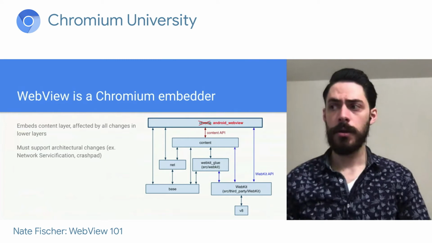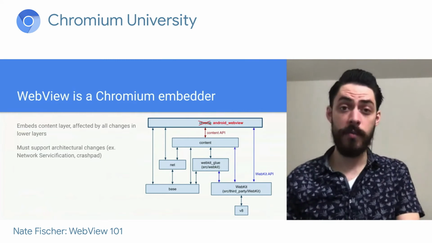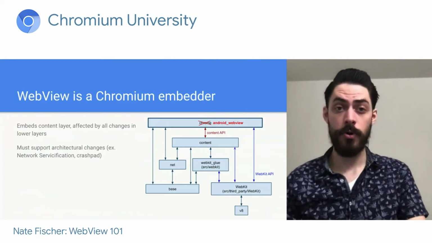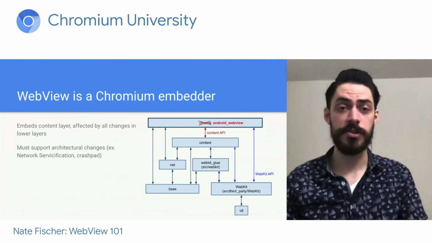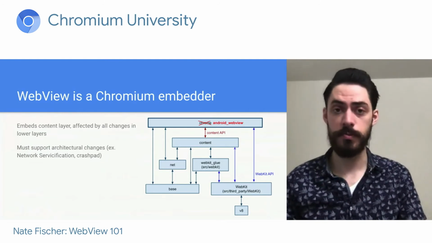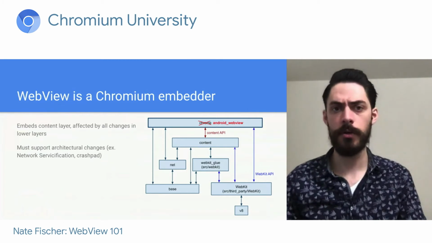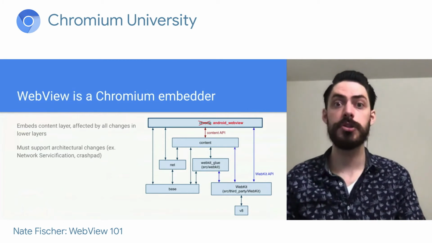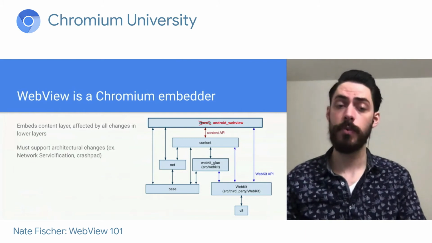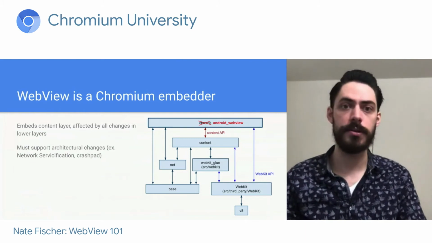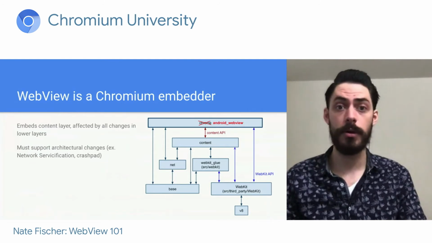So you can think of Android WebView as taking off that Chrome layer and replacing it with an Android WebView layer. So we're still going to use content, we're still going to use net, we're still going to use base, we use all that same stuff that Chrome does, just not the Chrome folder. Instead, we have a different folder, the Android WebView folder, that you can find in the top level of the Chromium checkout.